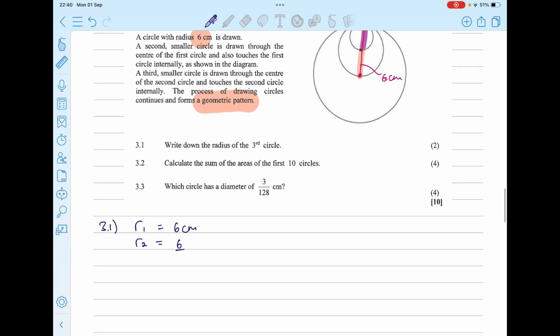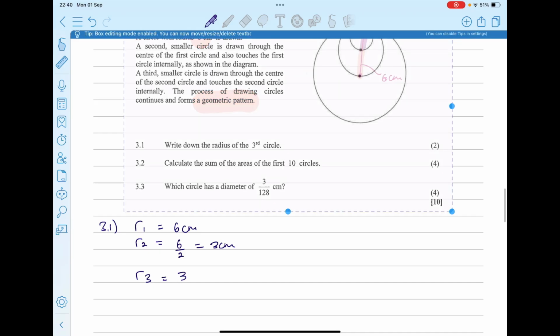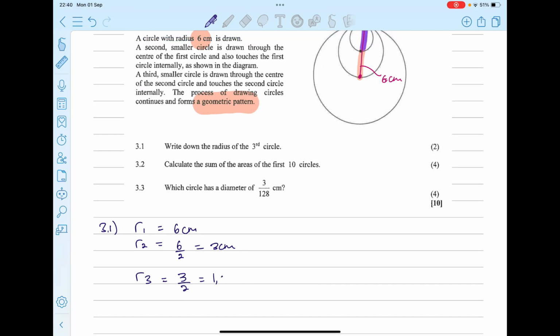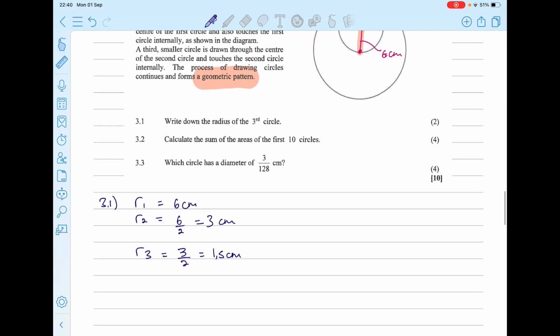That would be 6 divided by 2, which is 3 centimeters. And the third radius will then be the 3 centimeters divided by 2, which will be 1,5 centimeters. So that is the pattern. Let me write this more visibly because that 3 is looking funky.